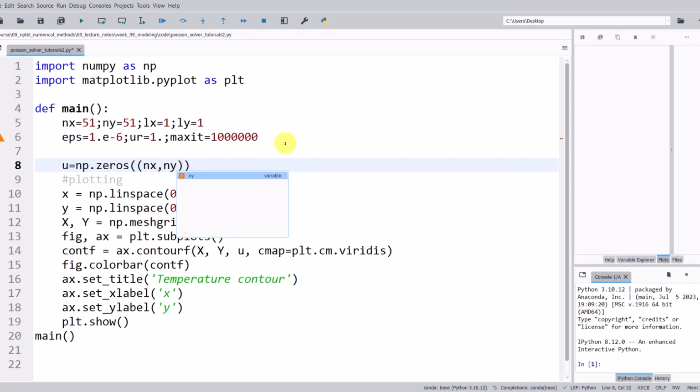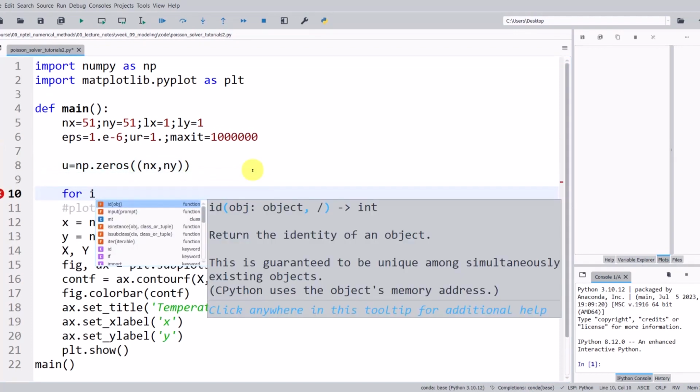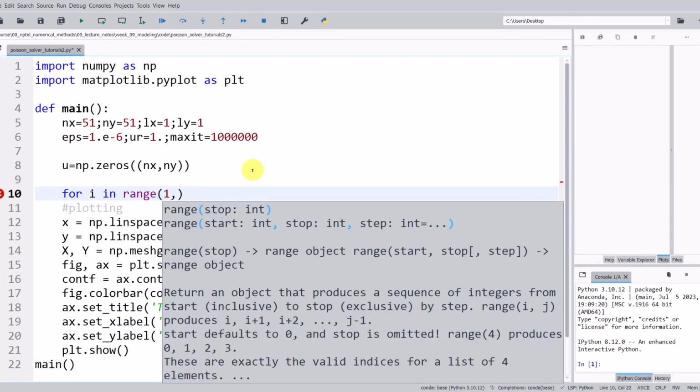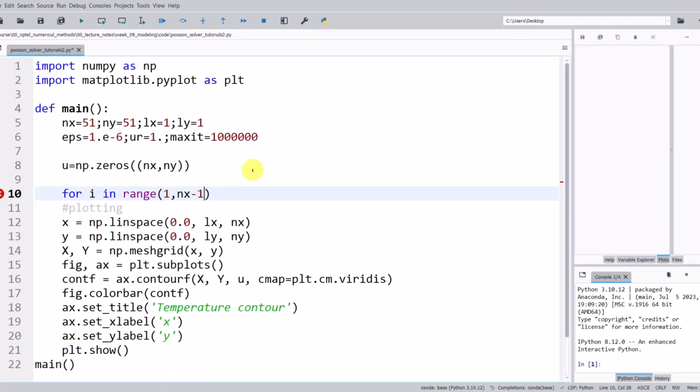And now I have to define this a_ij, a_i plus 1 j, etc. The way I'll define that, I'll come to that. Let's first start with this: for i in range 1 to nx minus 1, because the last two will come from the boundary condition.